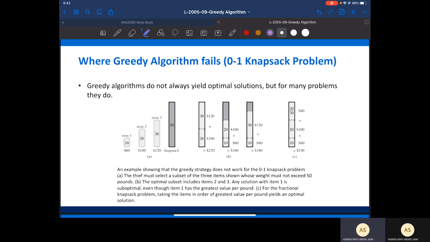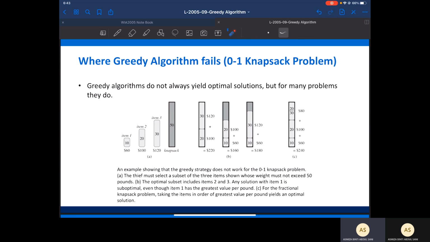Okay. So for example, what does it mean by the 0-1 knapsack problem? Let's say you have a knapsack, or maybe we can assume that there is a thief that has a knapsack, and the thief can only carry 50 kg in the knapsack. And then there are three items that can be stolen.